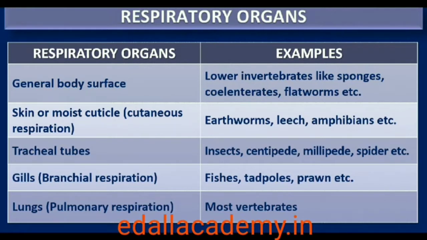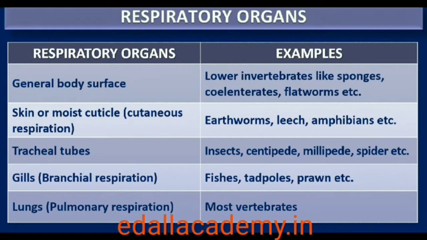Earthworms use their moist cuticle and insects have a network of tubes, tracheal tubes, to transport atmospheric air within the body. Special vascularized structures called gills are used by most of the aquatic arthropods and mollusks, whereas vascularized bags called lungs are used by the terrestrial forms for the exchange of gases.